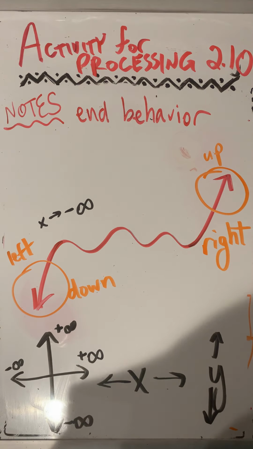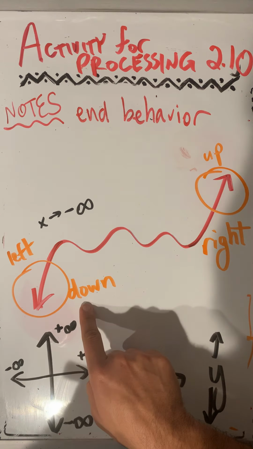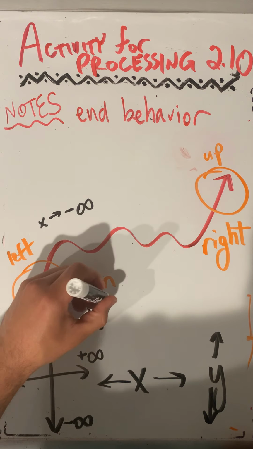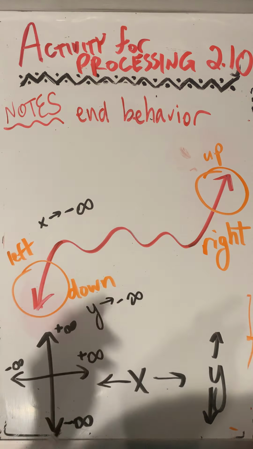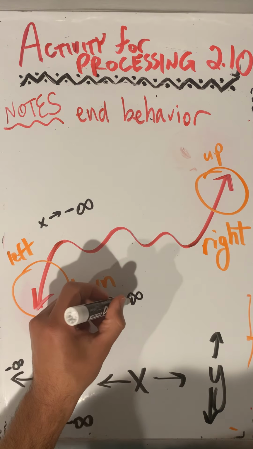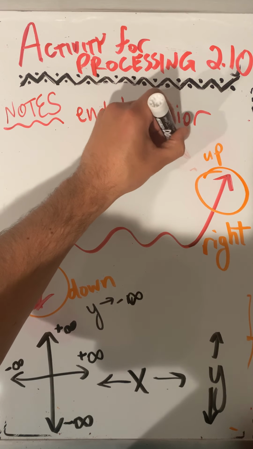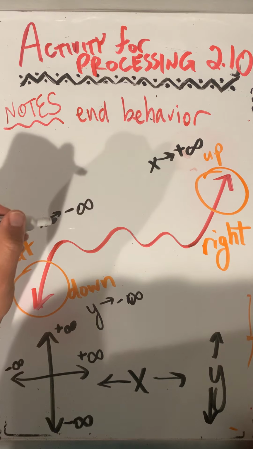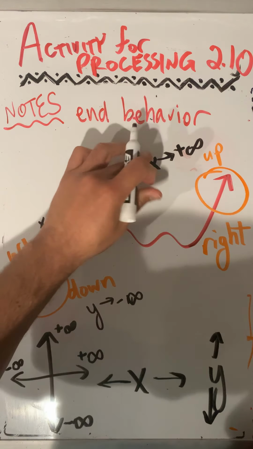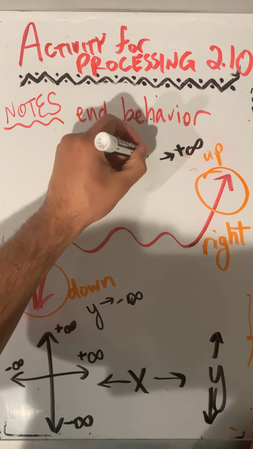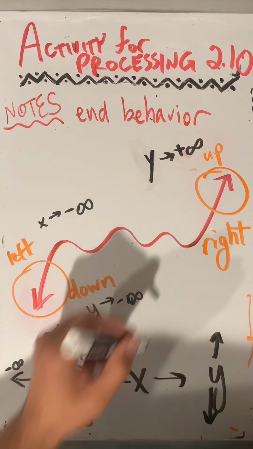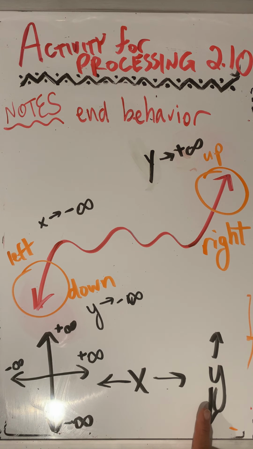Okay, let's go ahead and hop into it. Down, that means Y is approaching negative infinity. It's going down. Over here, X approaching positive infinity. Sorry, that's Y. And to the right, you see how I checked down here? I was able to catch that.